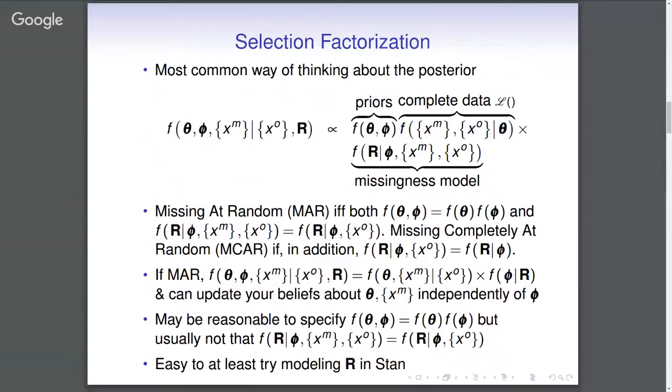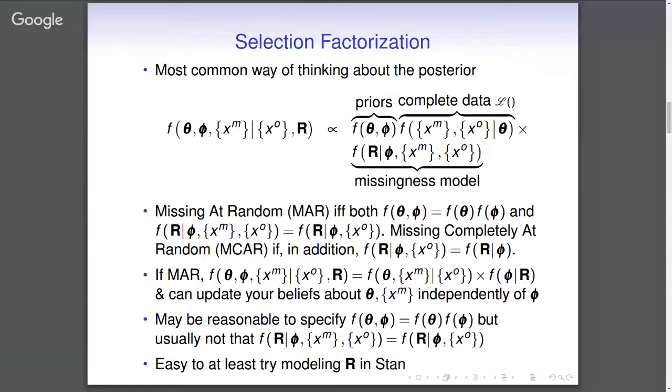And then we have a so-called missingness model, the likelihood for R conditional on phi and both the true and the observed values of X. That is the other piece that's pretty much necessary for Bayes' rule to go through. So we have to think of a substantive model, represented by the complete data likelihood, and a missingness model, who's observed, who's not observed, and think about why that may be.